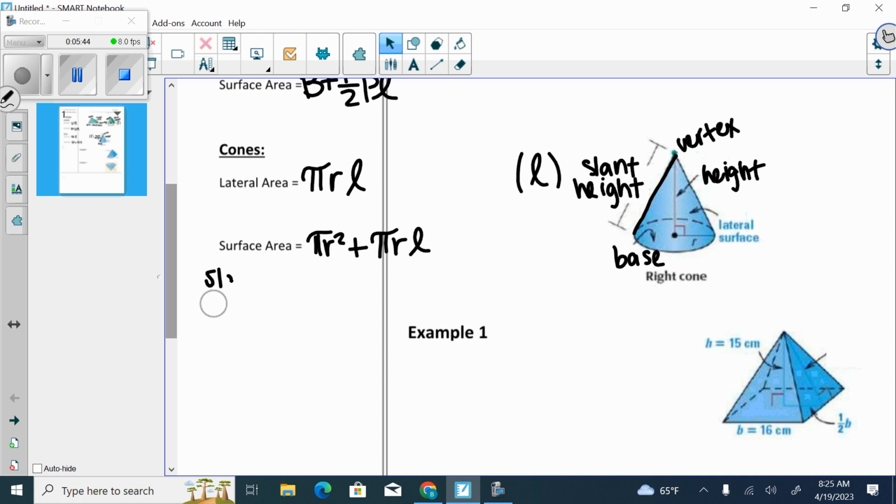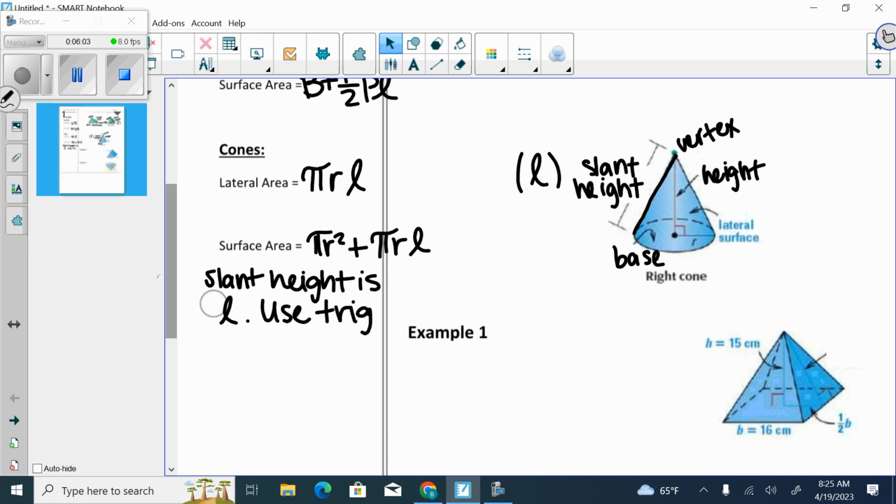So again, our slant height is denoted by L. If they don't give you L, you might have to solve for it, right? So the ways we could do that would be to use trig, or if they give us two sides, we could use the Pythagorean theorem, right?